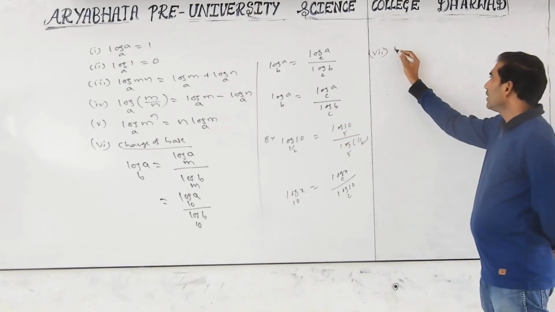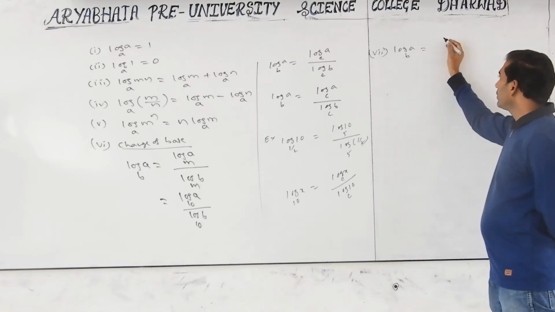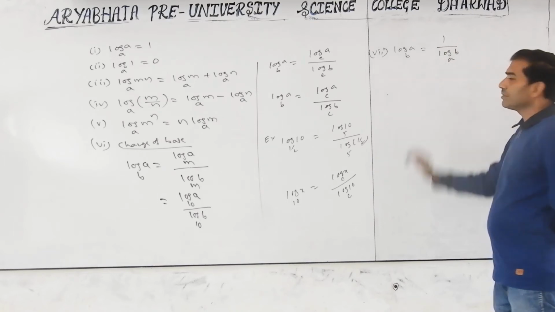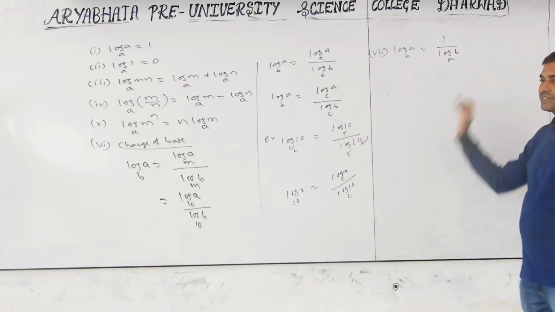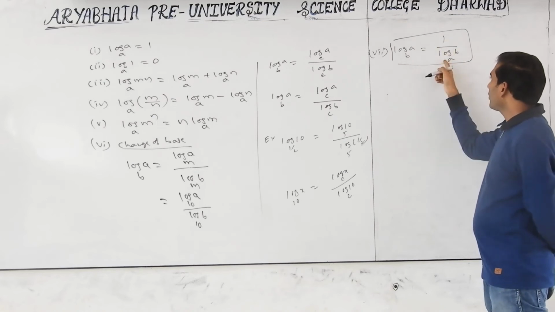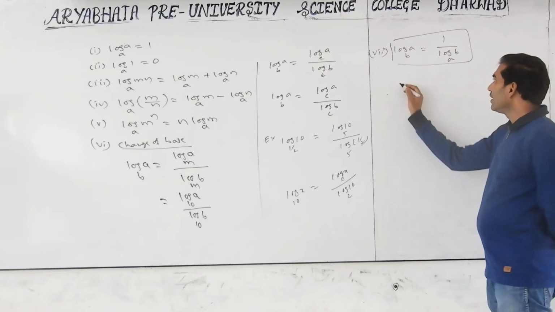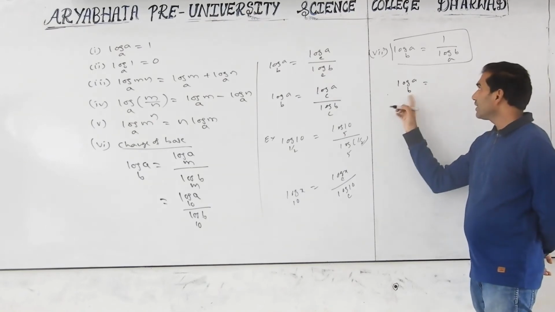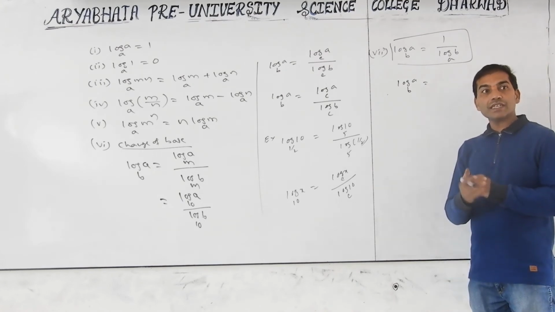Next one is log a base b equal to 1 by log b base a. How is this a reciprocal? If you want to write it in the denominator, interchange the base and the argument. See, log a base b. What is the base here? b. Now I want to change the base to e.